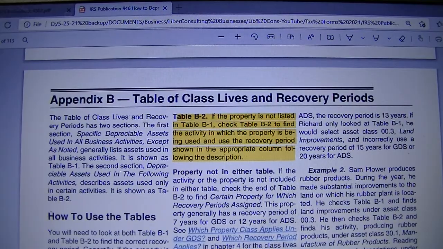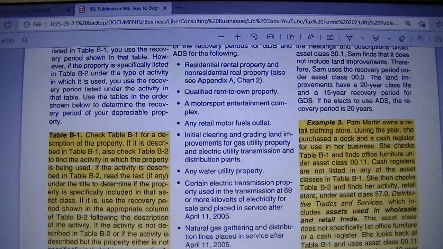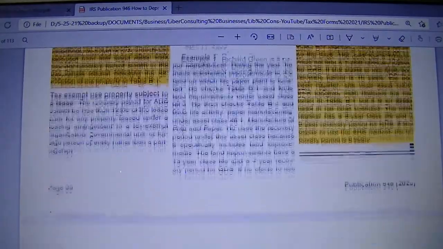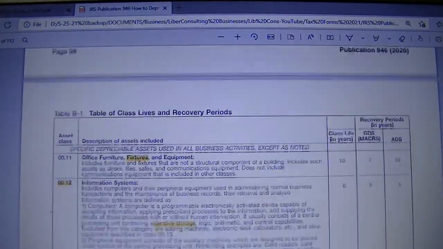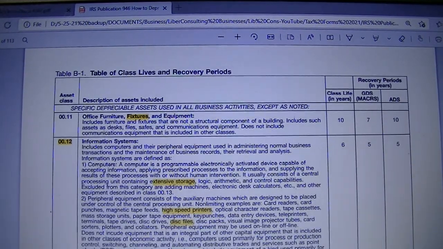So you can read the instructions under Appendix B. They have a few examples to help understanding it. And the explanation a little bit above helps understand tables B1 and B2.